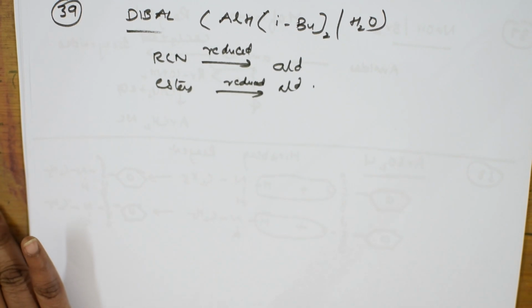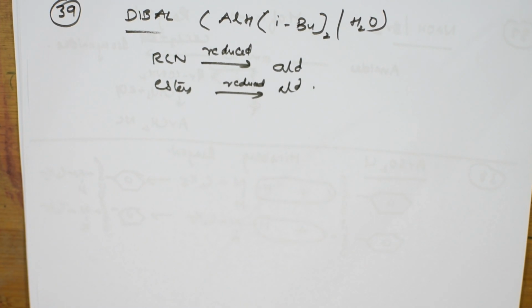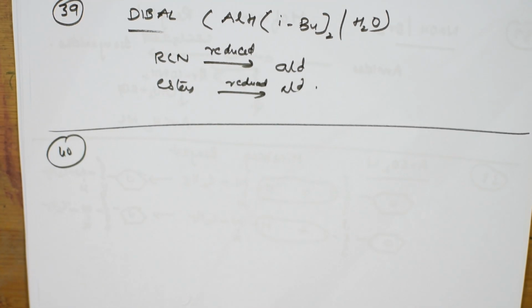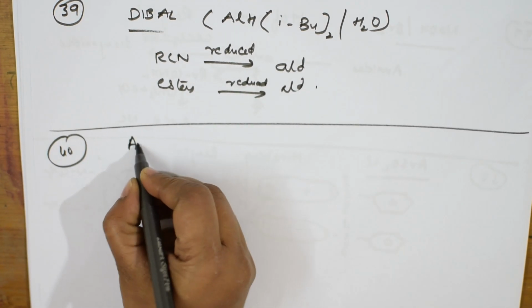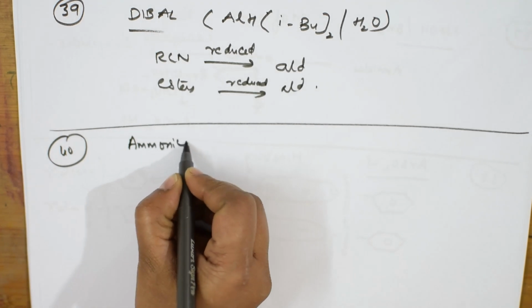Yes, students? Now, the next important reagent is Tollens reagent and Fehling solution, isn't it? What does Tollens reagent do? What does Fehling solution do? Let's see. Tollens reagent is nothing but ammoniacal silver nitrate.